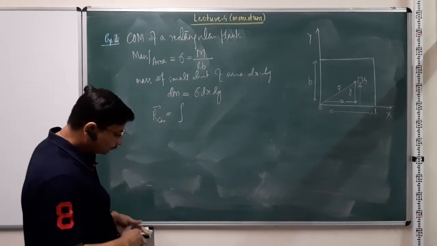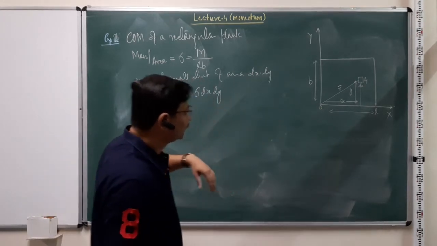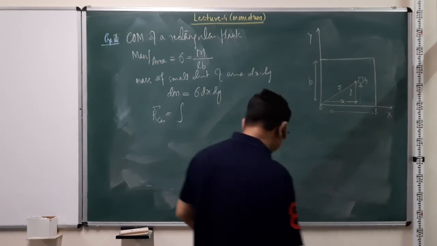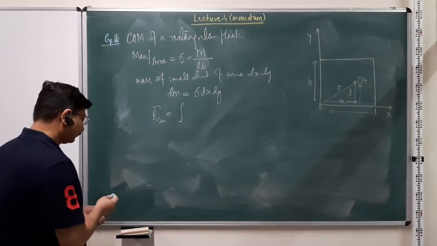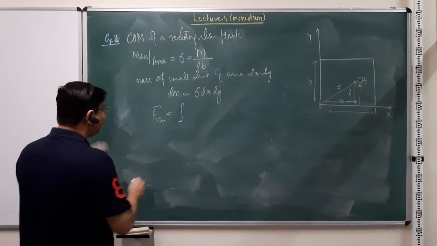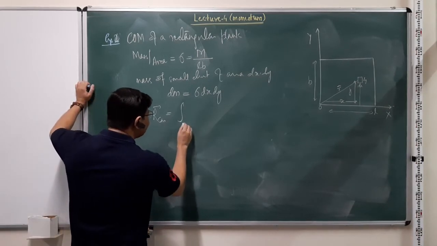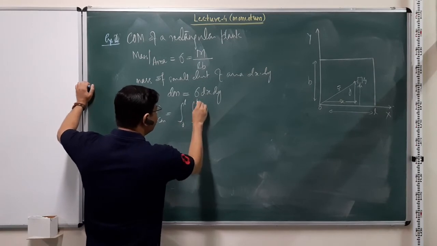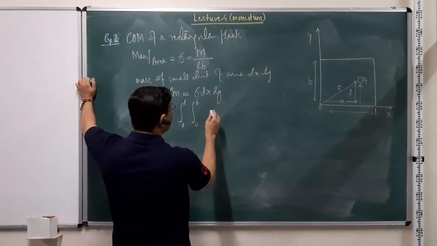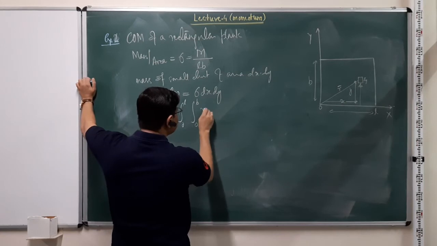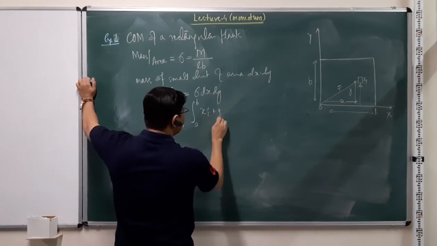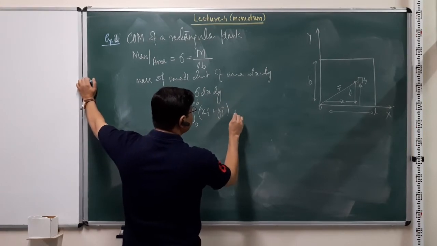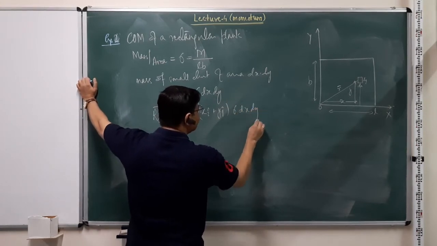Since the problem is in 2 dimensions, we have to integrate in the x coordinate as well as the y coordinate. So for a 2-dimensional problem, we'll have 2 integrals: one in x, 0 to L, one in y, 0 to B. The coordinate r, which is x i cap plus y j cap, and the element dm, sigma dx dy.